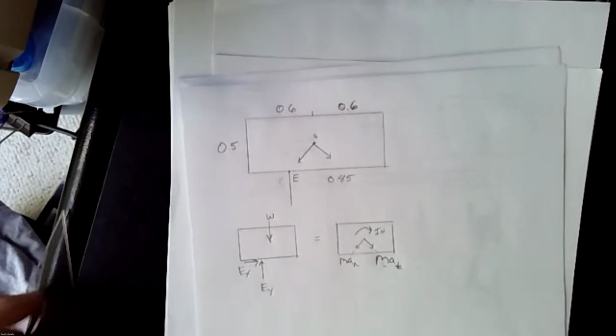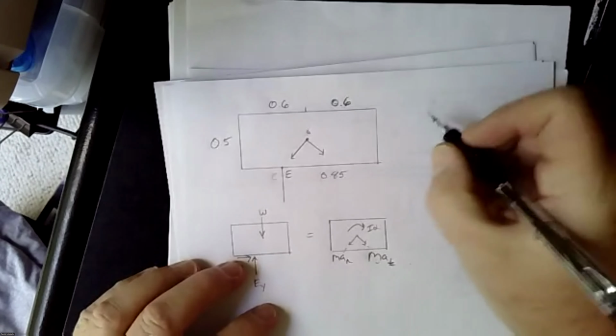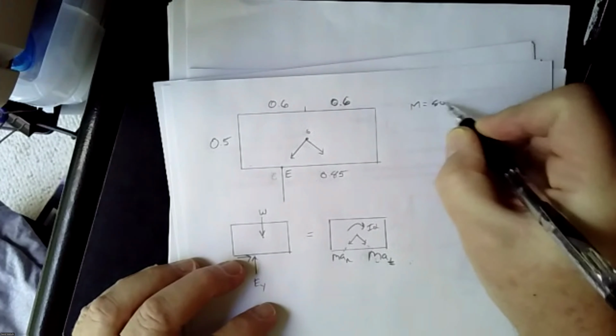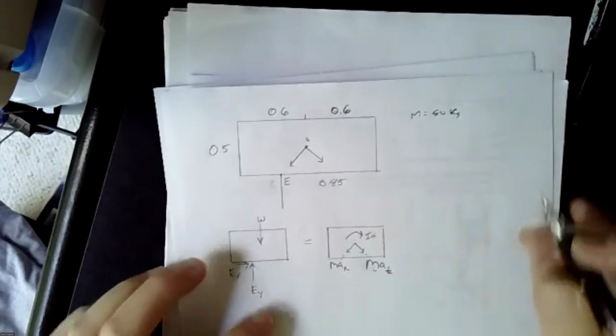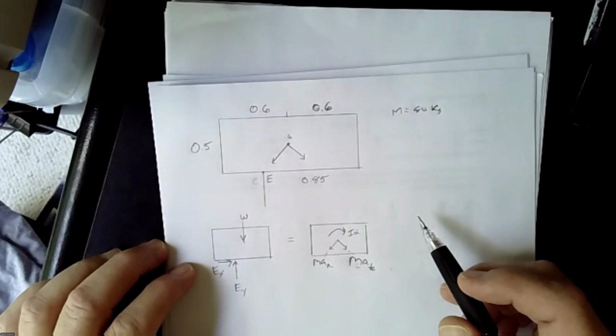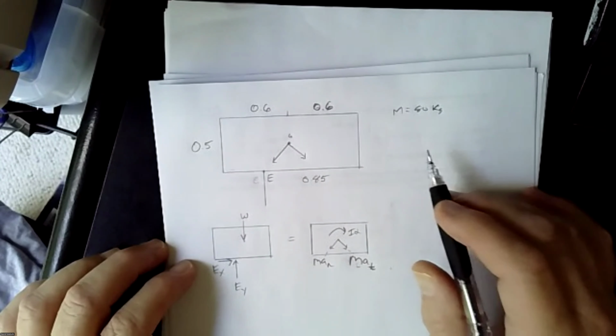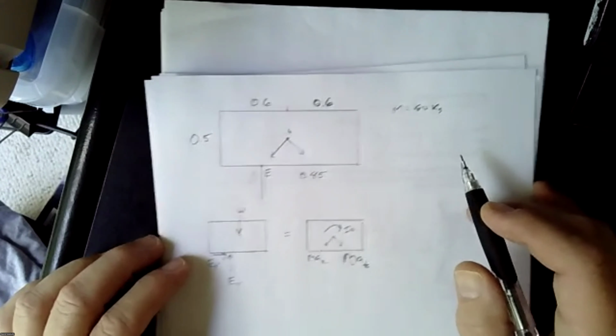All right. Now, we go ahead and put some information on our crate. Okay, so here's a better drawing. Now we see that our box, we know that the mass is 80 kilograms, and we know the dimensions. So if we think about this, first thing we'll probably want to know is the moment of inertia.